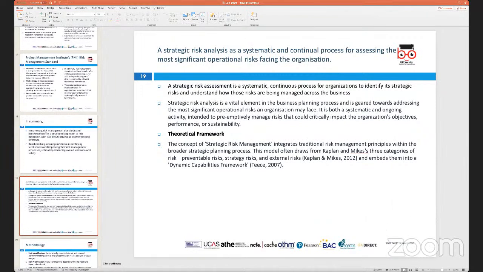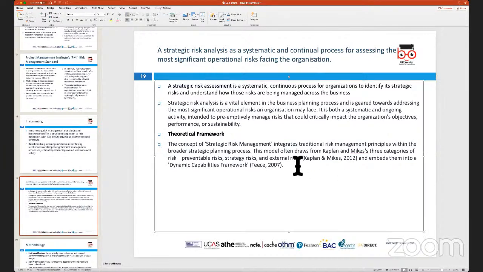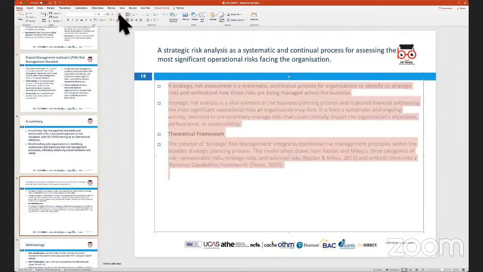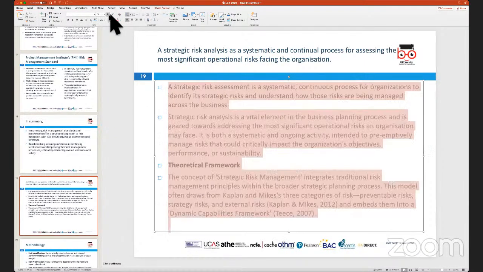Now, we look at carrying out, for example, a strategic risk analysis with regards to a particular organization. The application of what we are studying right now is something that we will need to do.